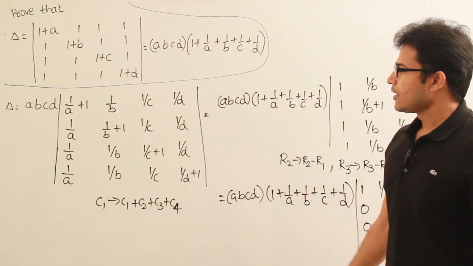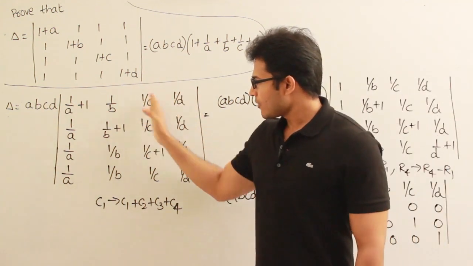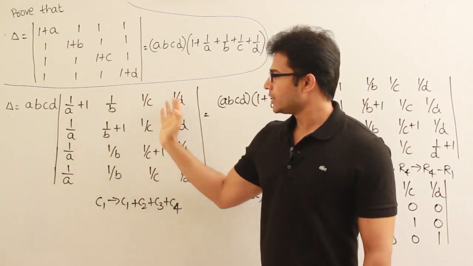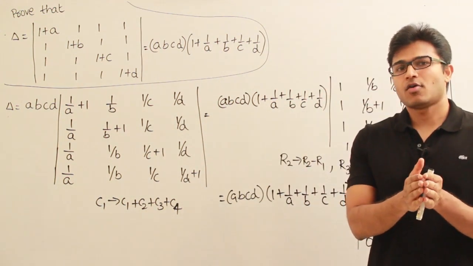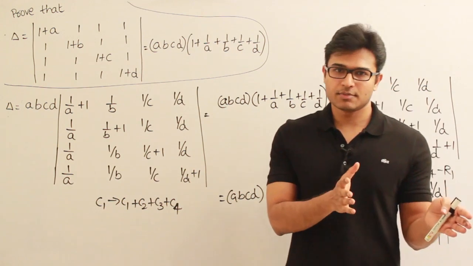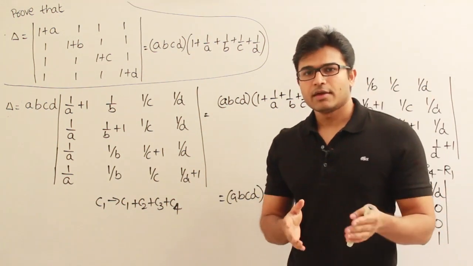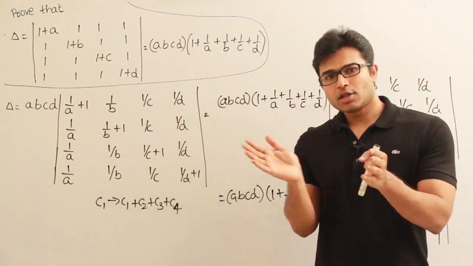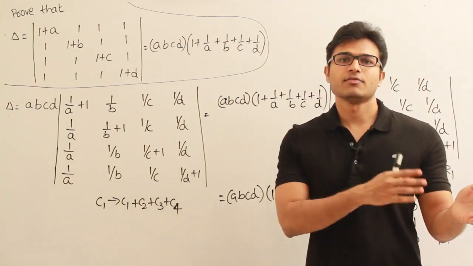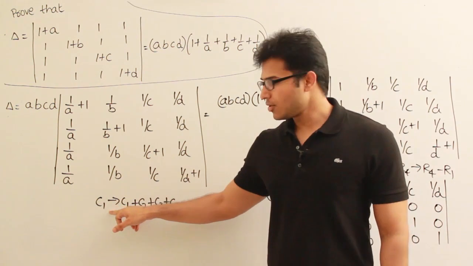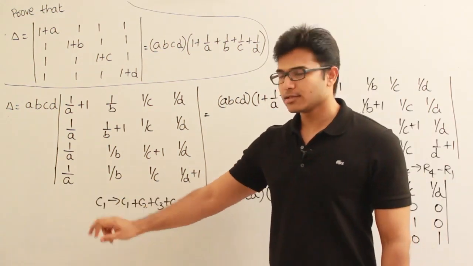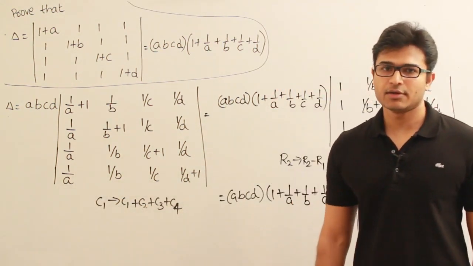And next thing is, if you observe this entire matrix, all the elements of each row are the same. So as I already told you, when we add all the elements of a row, if you are getting the same thing for all the rows, then it is better that you add up all the columns and replace one of the columns with this value. So I'm going to add up all the columns and replace the first column with the resulting values.